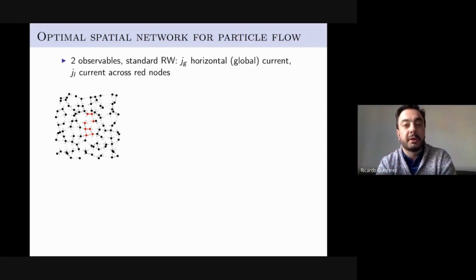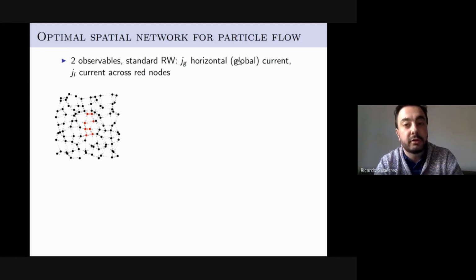The observables are going to be, so for that we use the standard network random walk, because of some technical reasons. The horizontal global current is going to be one of the observables. That means how much you're advancing towards the right as you jump. And the other observable is going to be JL, which is the current across the red nodes here.